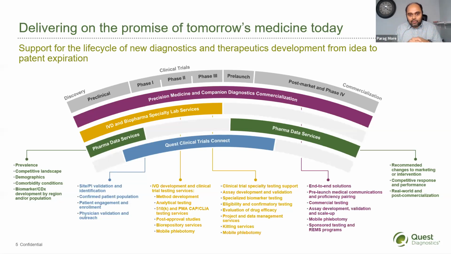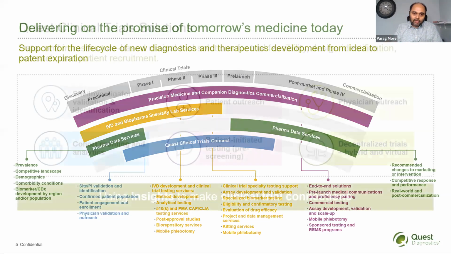We also provide specialty lab services. But the topic today is how we unlock the last two arcs, where we leverage our data, data services, and clinical trial solutions to help with effective enrollment planning as well as recruitment.